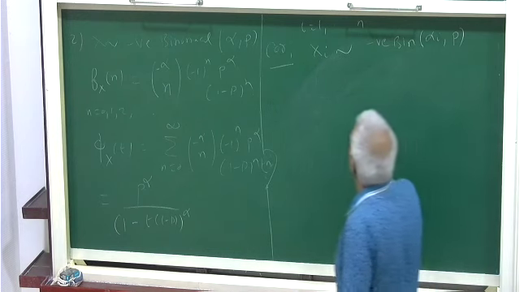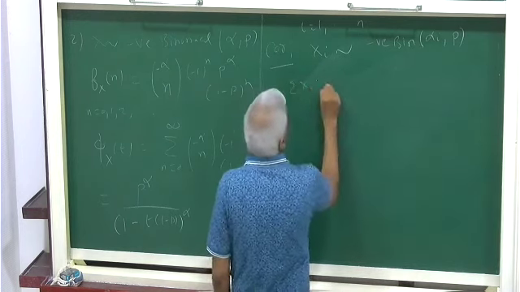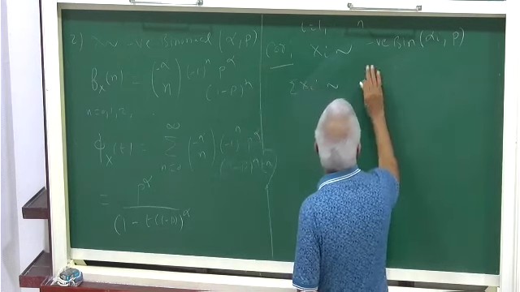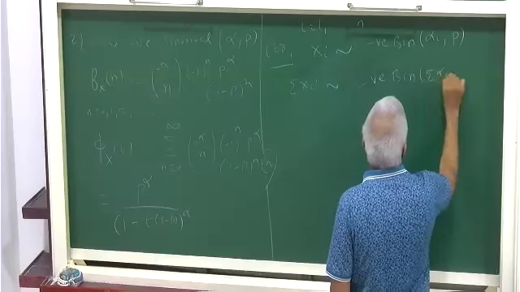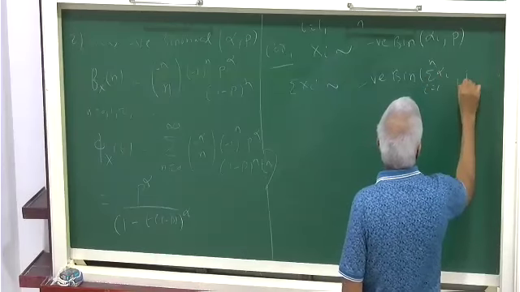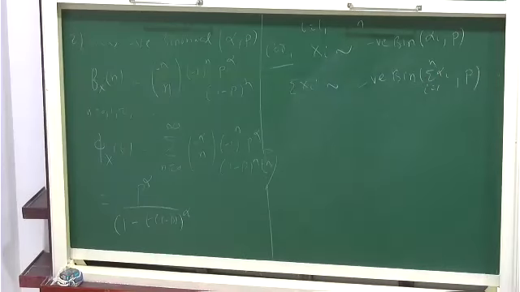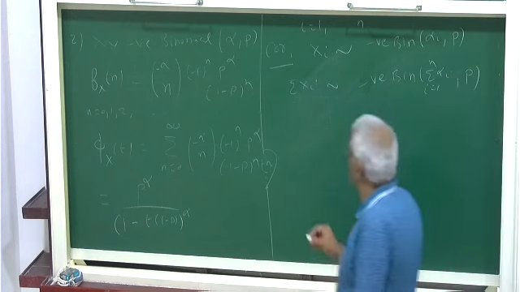Then summation xi will follow negative binomial again, with summation alpha i and the same p. If you just multiply, the alpha i will add in the power, and you will have the same p. So you get this. Similarly, you can do it for Poisson.